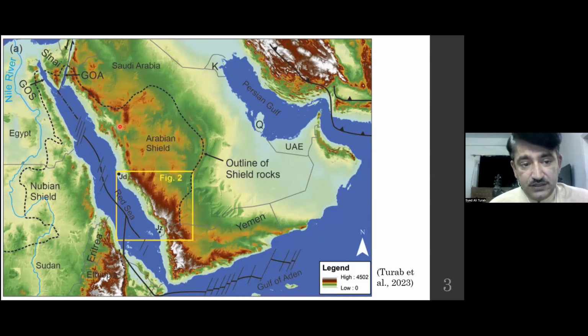It also roughly corresponds to the creation of the oceanic crust in the Red Sea, roughly at 13 million years, which was previously believed to have started at 5 million years, but recent studies have indicated that the oceanic crust started to develop in the Red Sea at around 13 million years.